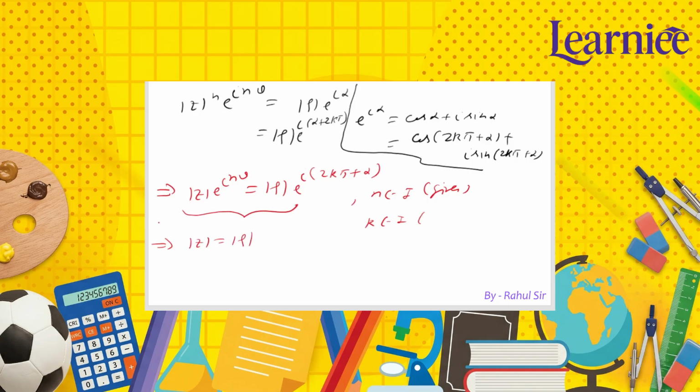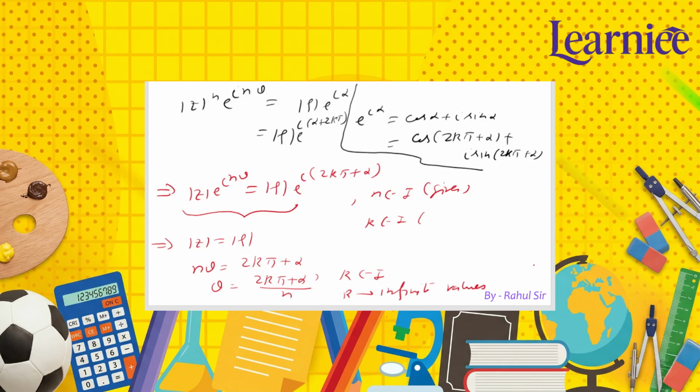So n theta equals 2k pi plus alpha, or theta is 2k pi plus alpha, divided by n, where k is an integer. k can have infinite values because of the periodicity: alpha plus 2 pi, alpha plus 4 pi, alpha plus 6 pi. Infinitely many values of k are possible. Got it?